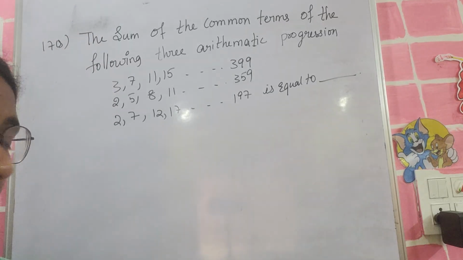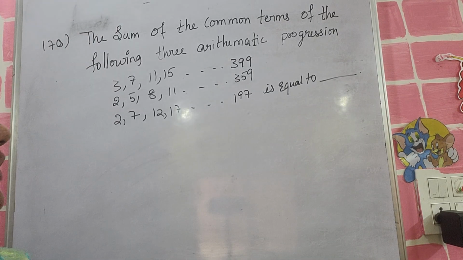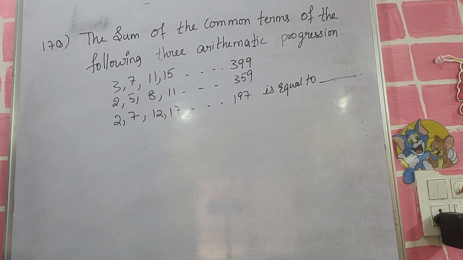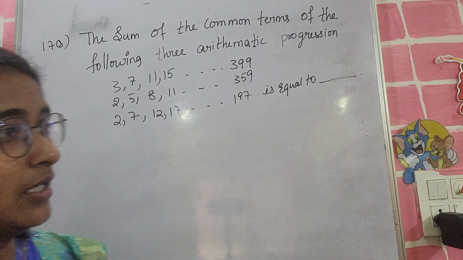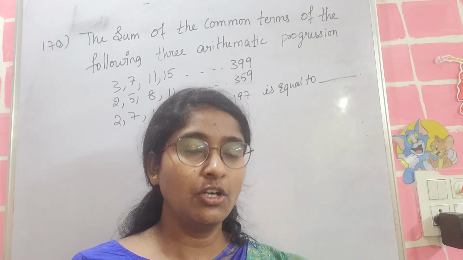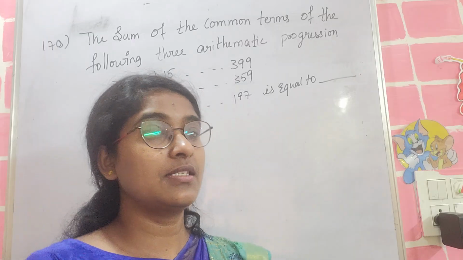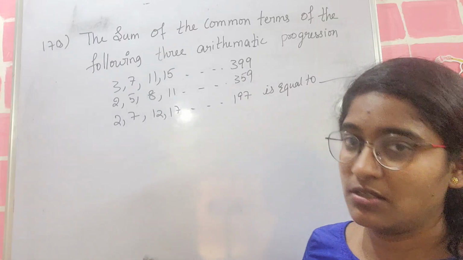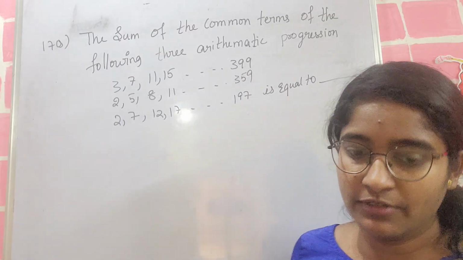Yeah, here is another question. The sum of the common terms of the following arithmetic progressions. Three series are given, and we need to find the a value and the D value, the common difference. Then the sum of the common terms of all the series we need to find.